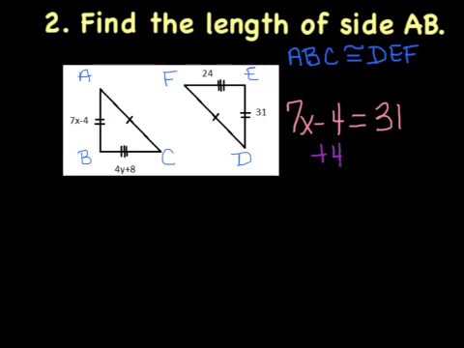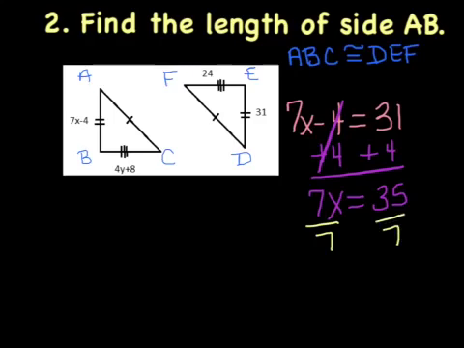So add 4 to both sides. We're just solving for x. So 7x equals 35. Divide by 7. So x equals 5. Okay, well that's what x equals. I want to know what is this length. So we need to plug it in.